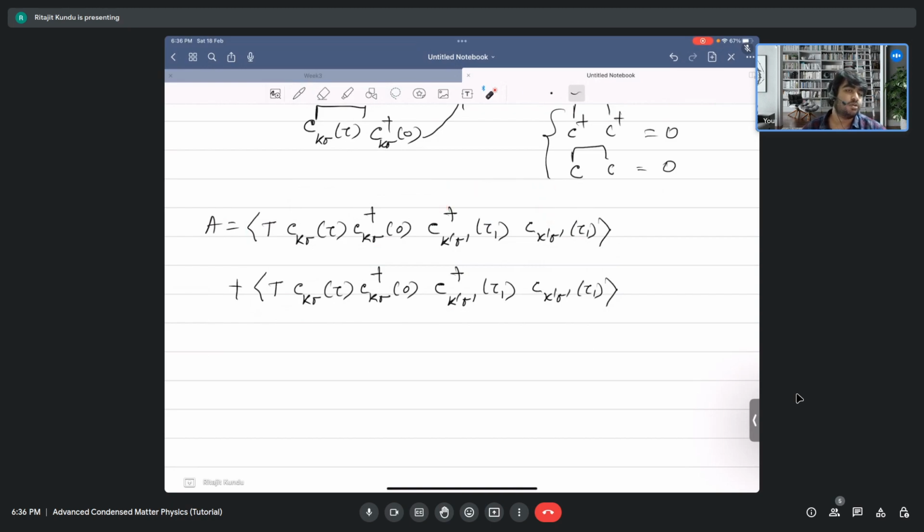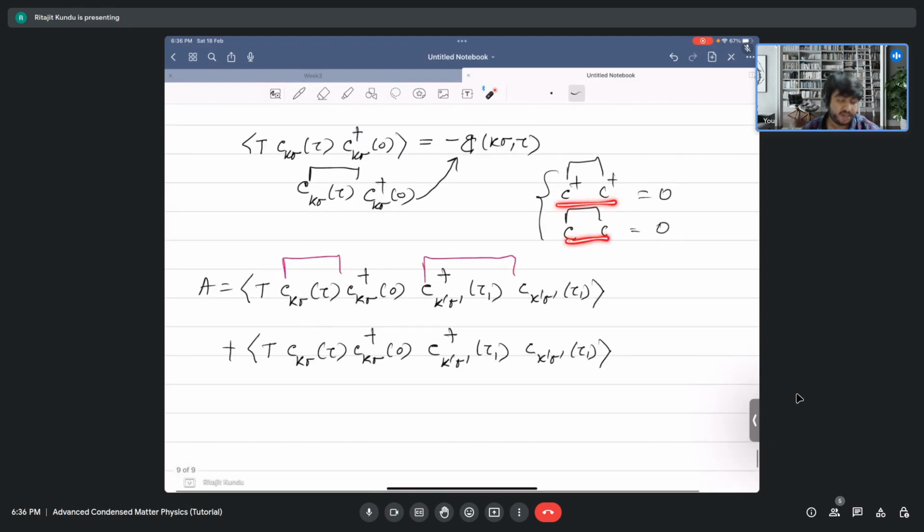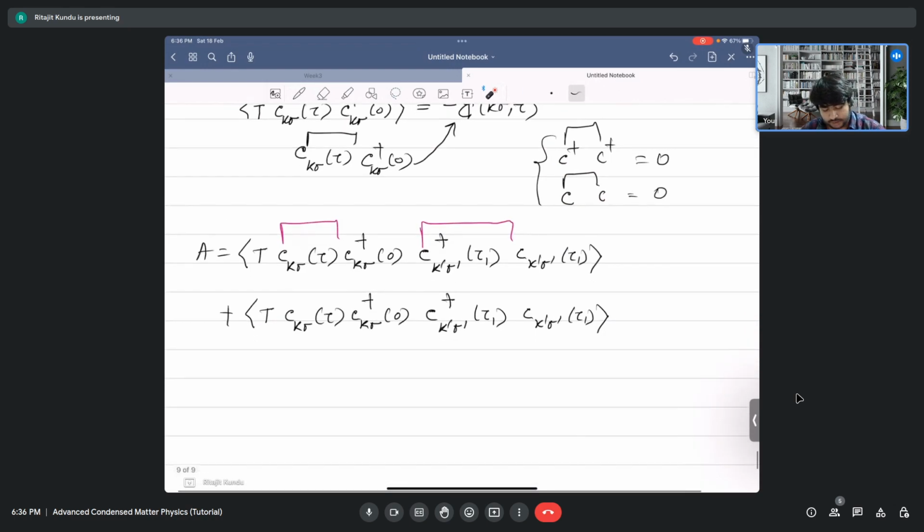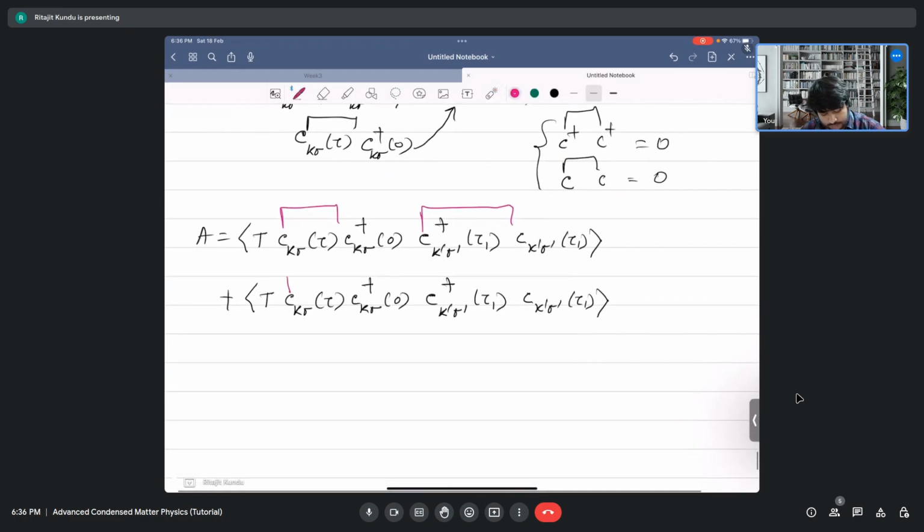So this is one possible contraction. Let me write that contraction, this and this and this and this. Another contraction that you can have is between this and this and this and this. If you try to write any other contraction, all of them will be either dagger with dagger or undagger with undagger, so they will be 0 by default. So this is one contraction and this is another contraction.